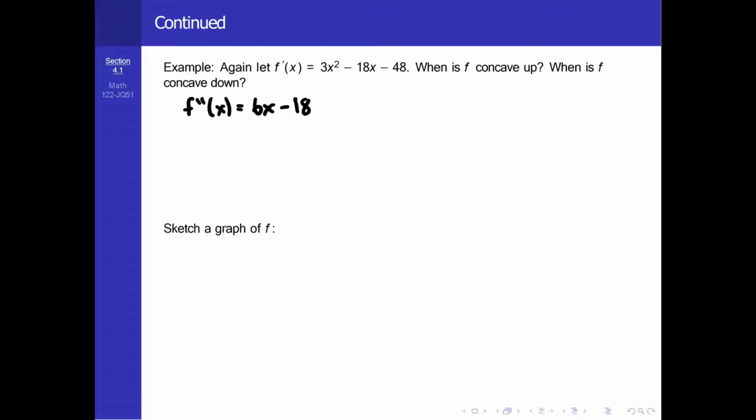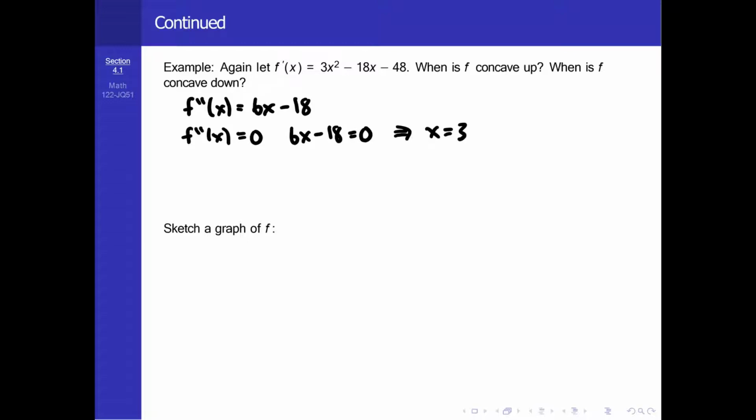And remember, when the second derivative is positive, our function is concave up, and when the second derivative is negative, our function is concave down. So we want to determine when the second derivative is positive and when it is negative. To do that, we're going to set the second derivative equal to 0 first. So 6x minus 18 equals 0 implies that x equals 3.